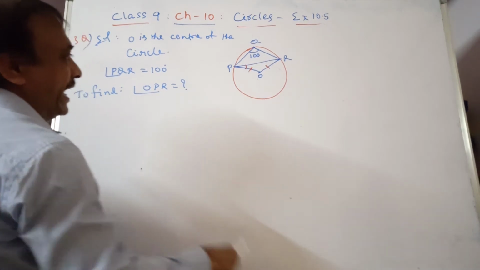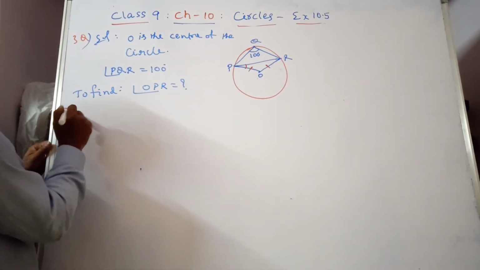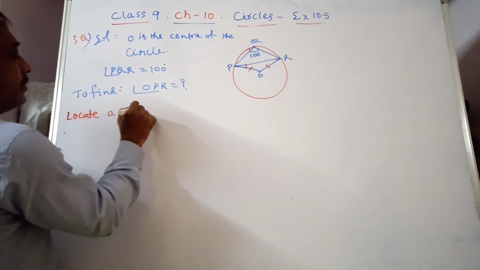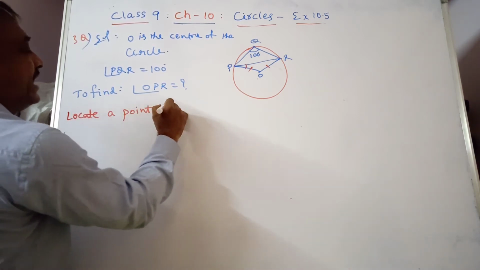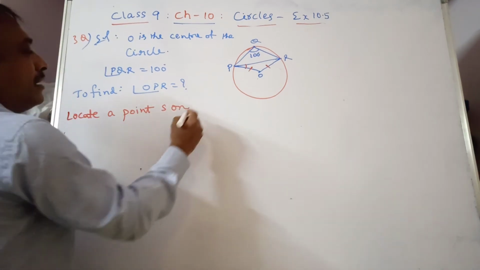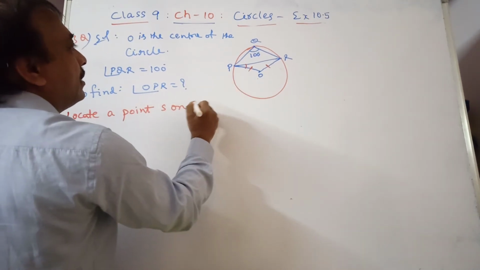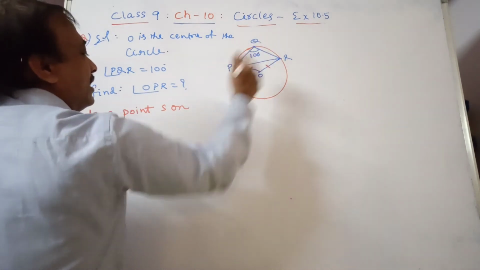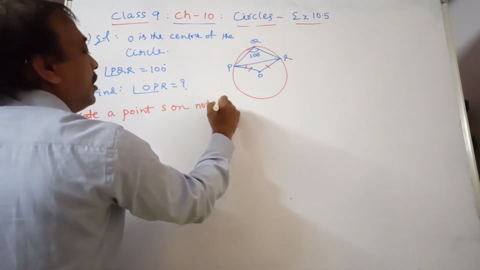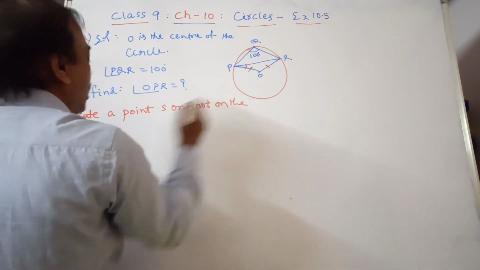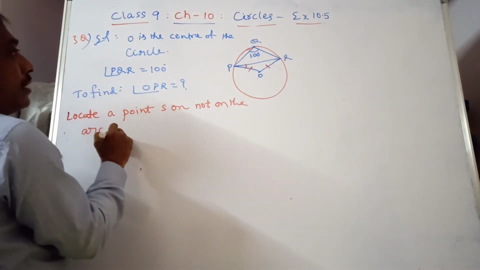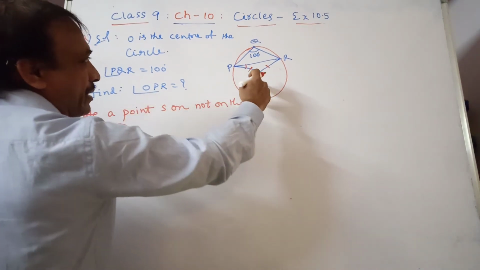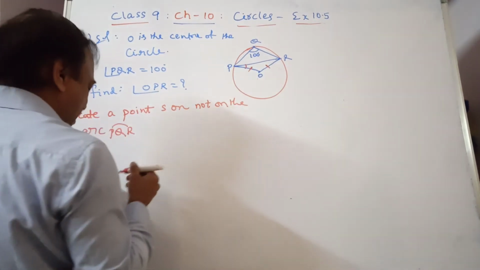So what we are doing is we locate a point S, not on the arc PQR. We are locating it another way, like here somewhere exactly.